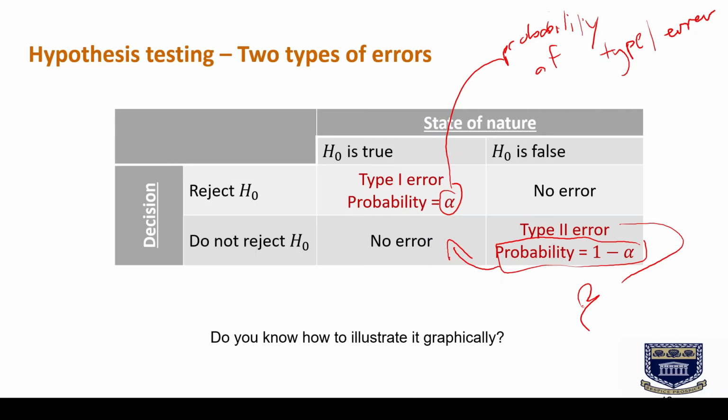Depending on what the model is that you are testing, this can matter quite a lot. Sometimes it's very important that a type 1 error is avoided, and sometimes it's much more important that a type 2 error is avoided. That is, that you have a null hypothesis that is in fact false, but you do not reject it. And you can see why this might matter in something like, for example, a drug trial.